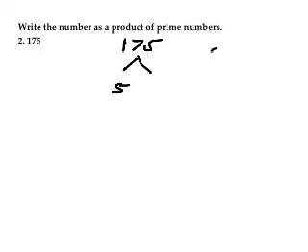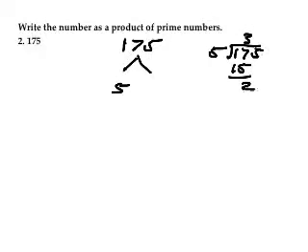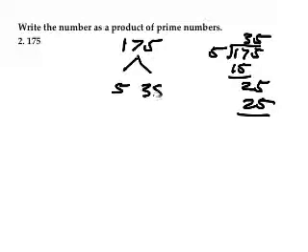If you divide 175 by 5, 5 into 17 goes 3 times. 5 into 25, 5. Okay, so 5 and 35. Can we break down 5 any more? No. But 35, yes. 7 times 5.